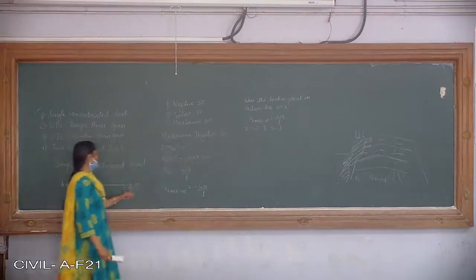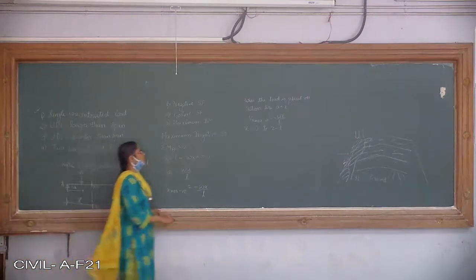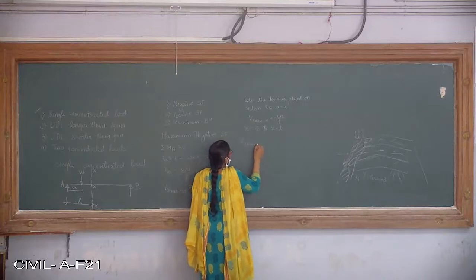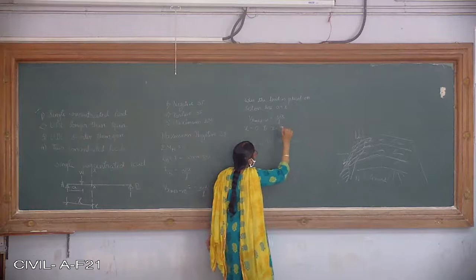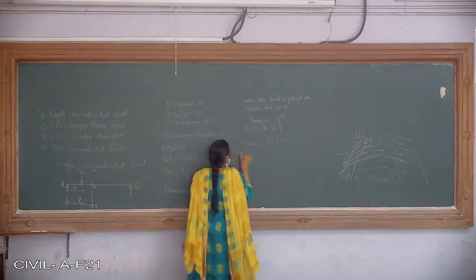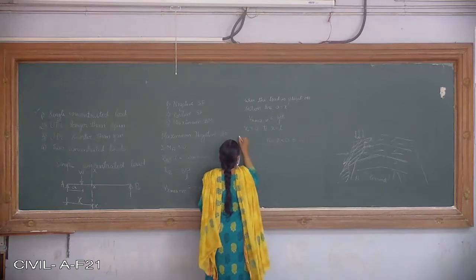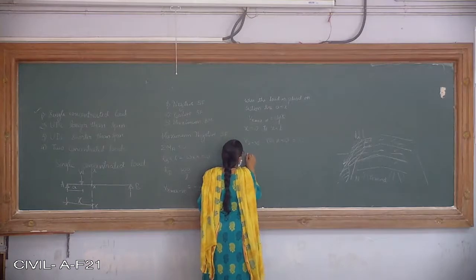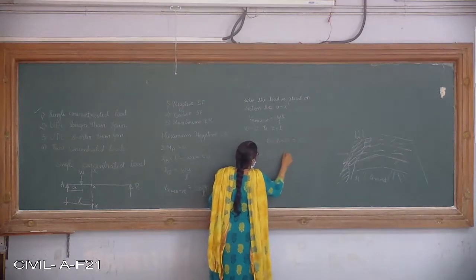This equation holds good when my X is 0 till X equals L. So I will substitute Vx max negative at X equal to 0, I am going to get it as 0, and Vx negative at X equal to L is how much?